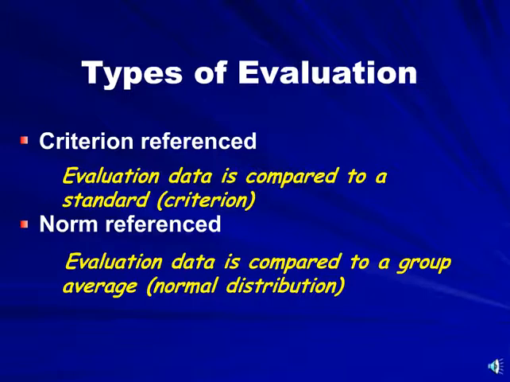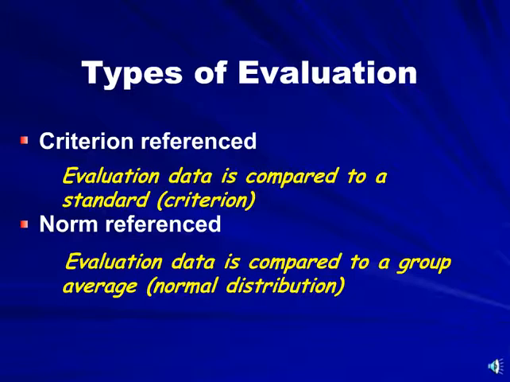A real simple example of a criterion-referenced test would be the test we take to get our driver's license. It really doesn't matter how we score on that test in relation to other drivers. There's just a minimum number of questions that we have to answer correctly, and if we've answered those questions correctly, then we get a passing score. We're not judged in comparison to other people, we're just simply judged according to a standard.